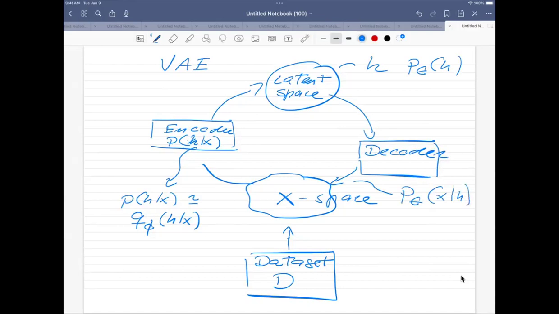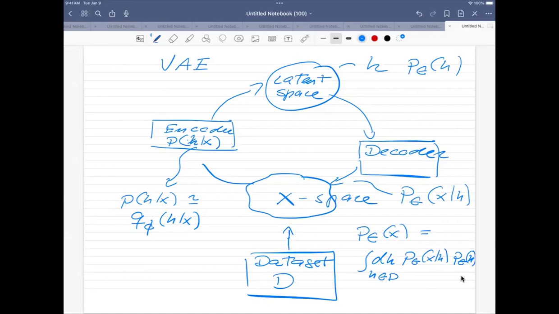And just to remind you that the final quantity which we want, p theta of x, is now given as this integral over h, an element in a given number of variables d, multiplied with p theta of x given h and p theta of h.